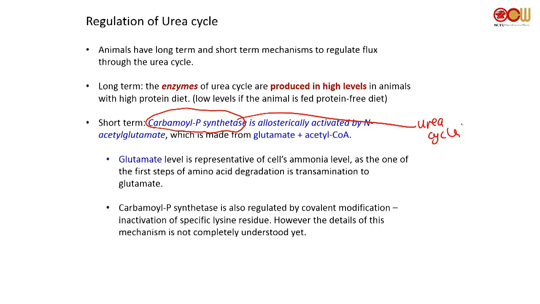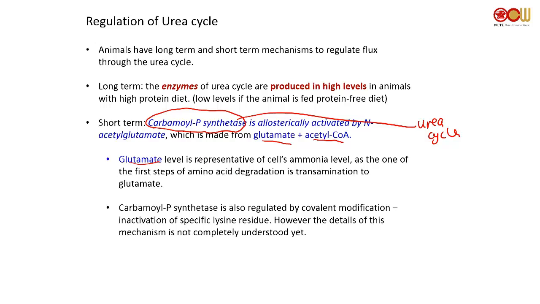Ammonia plus CO2 gives you carbonyl phosphate. And this enzyme is allosterically activated by N-acetylglutamate, which is made by glutamate plus acetyl-CoA. What that tells you is if you have a lot of glutamate and a lot of acetyl-CoA, then you will activate your urea cycle.